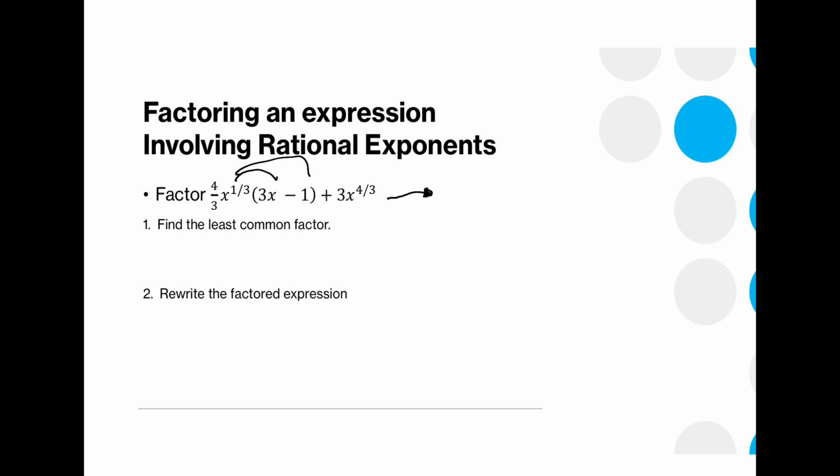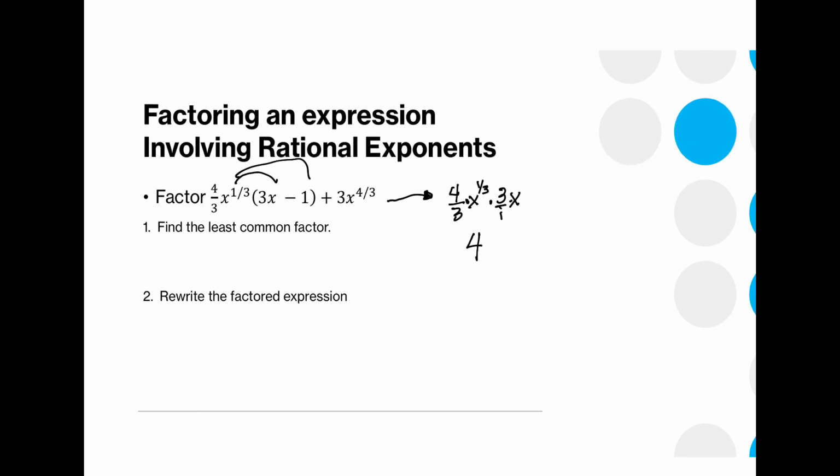So as I take 4/3 x to the 1/3, I'm going to write that out, 4/3 x to the 1/3, and I distribute it or multiply it by 3x, we notice that everything here is being multiplied. So if I take the 3 and multiply it with the 4/3, that's just going to leave me with 4. 4/3 times 3 is just 4.